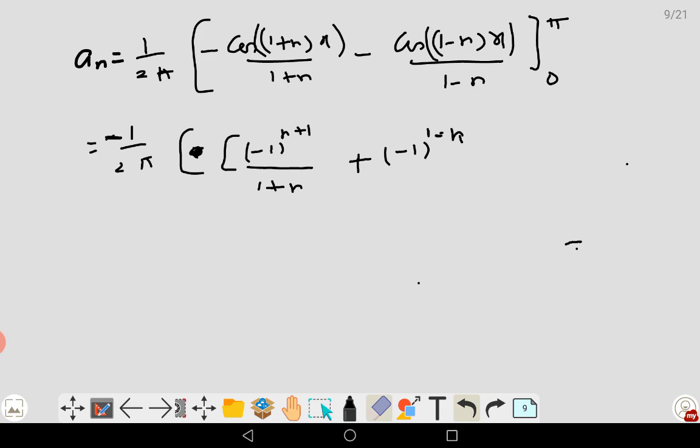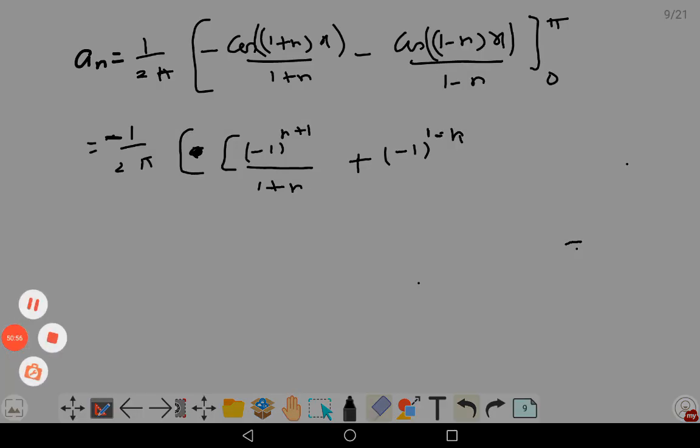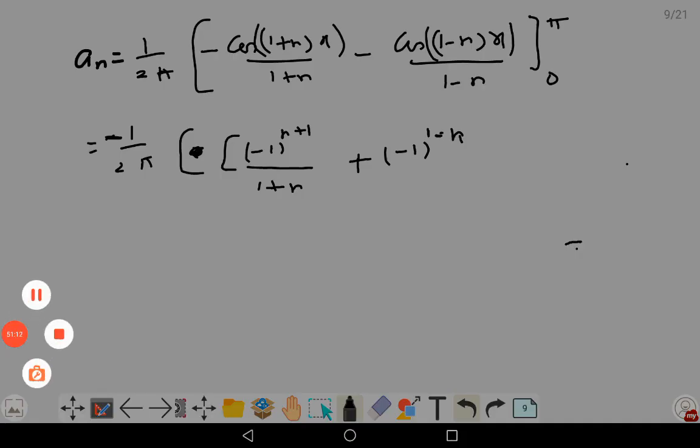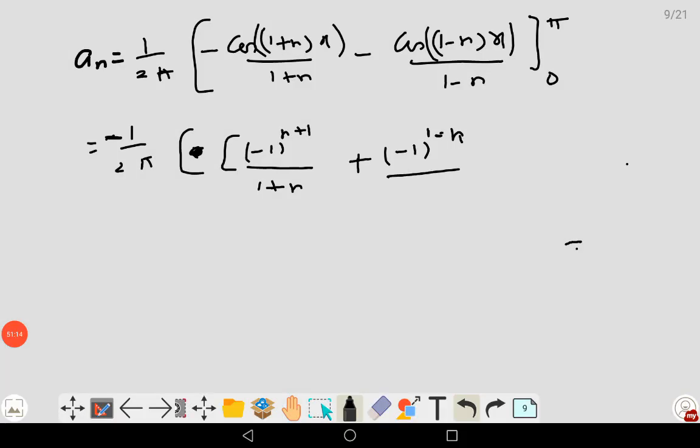since the cosine is, here you will find 1 minus n divided by 1 minus n, and this is for the upper limit.